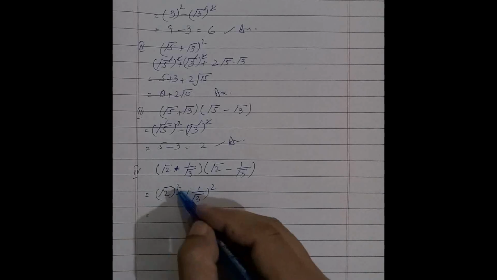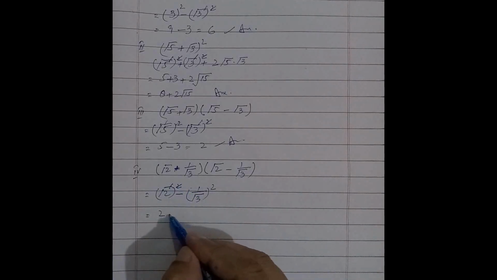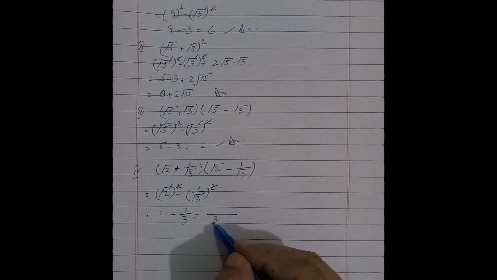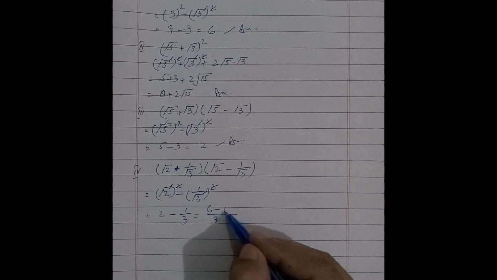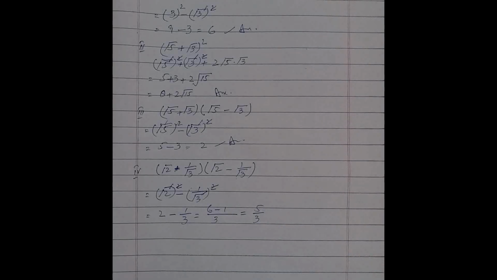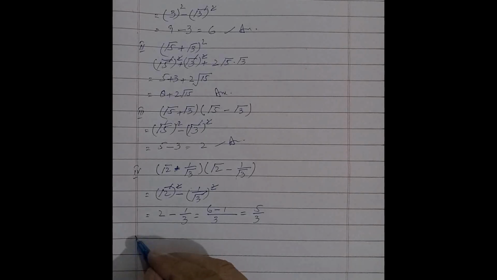Now we solve it. Square and square root cancel, we have 2 minus 1 over 3. By LCM, we have 3. 3 2s are 6 minus 1 is equal to 5 over 3. And it is the fourth part of the question.